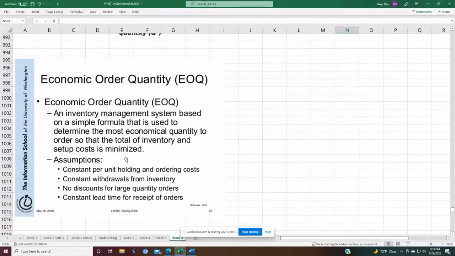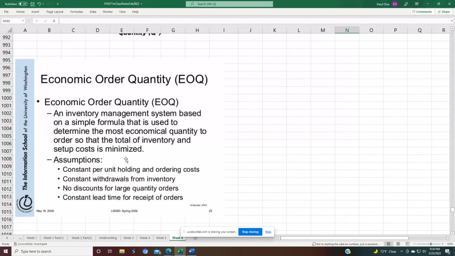Okay, so again, what is the economic order quantity? It's an inventory management system based off a simple formula that's used to determine the best number of items to order. It's going to tell you to order 10,000 items, or 400 items.